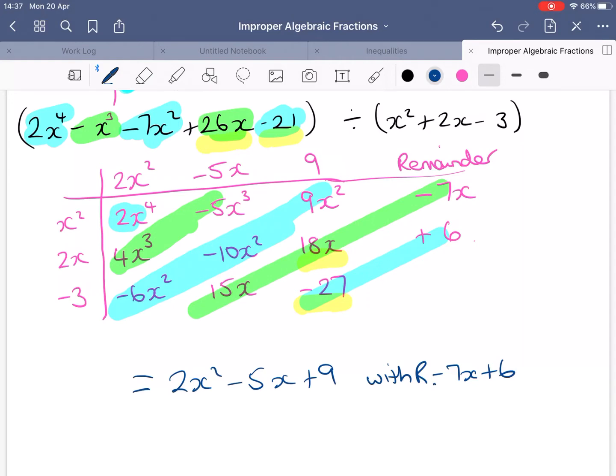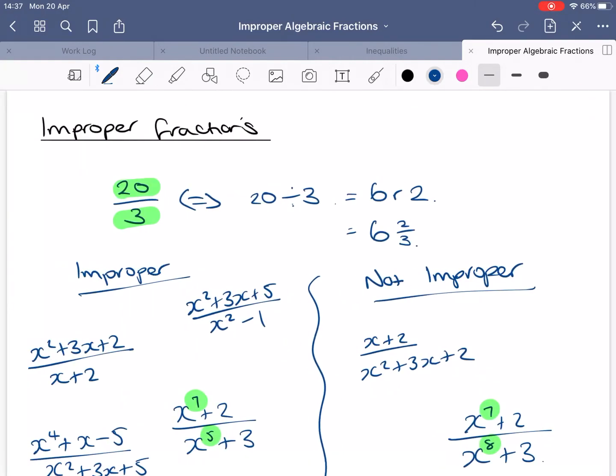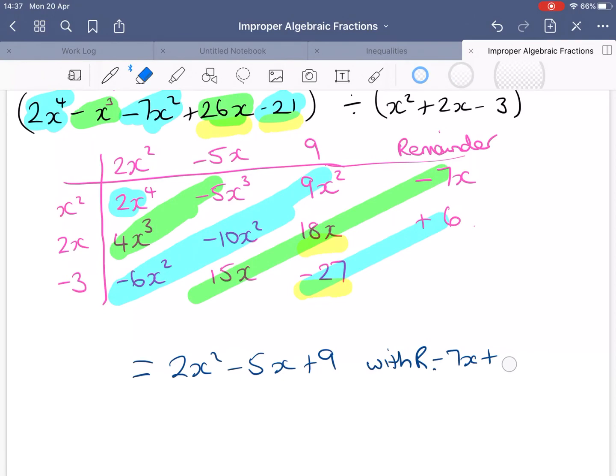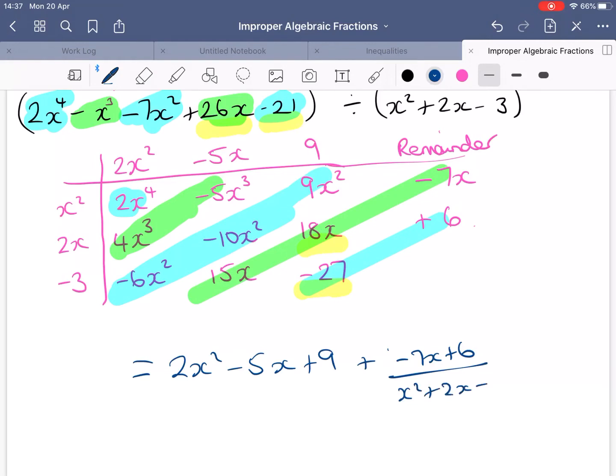But going back now, I'll flick right back. What did I do with my remainder when it was just a normal fraction? I said my remainder still had to be divided by that 3. And the same is true with algebraic fractions. What we say is we've still got the remainder, which is minus 7x plus 6, which still needs to be divided by my x squared plus 2x minus 3.